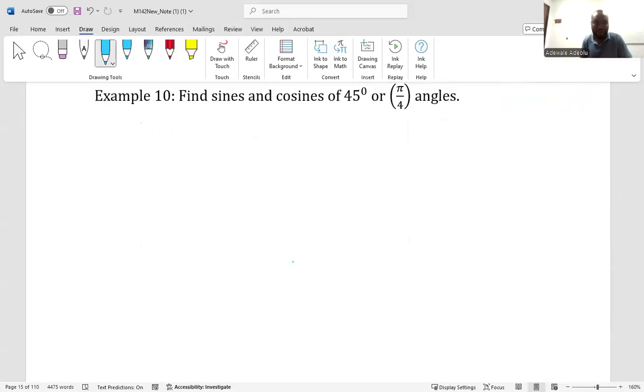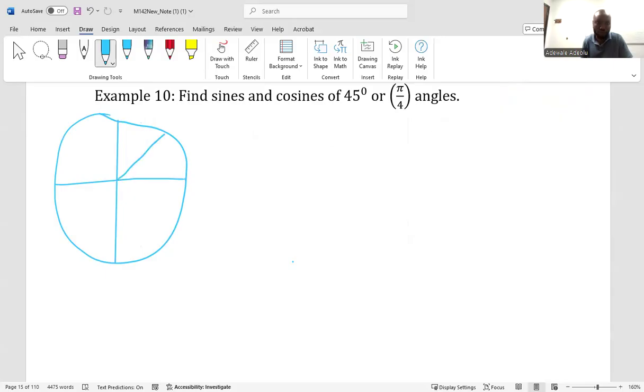And to do that, I will make, again, a unit circle, not a perfect circle, but it will help us to do what we want to do. So let's say this is pi over 4 or 45 degrees. I can make something like this.